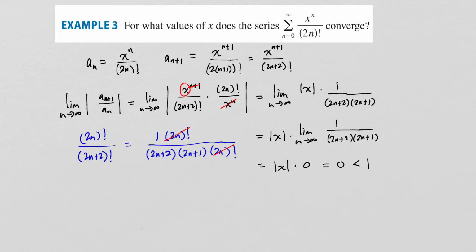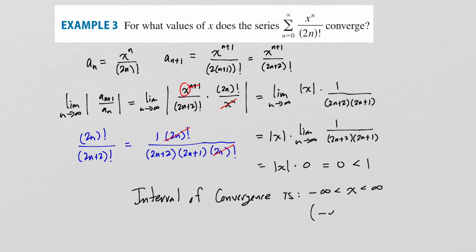Here, the limit is always going to be less than 1, no matter what the value of x is. So the interval of convergence here is all real numbers. So x can be any number from negative infinity to positive infinity.